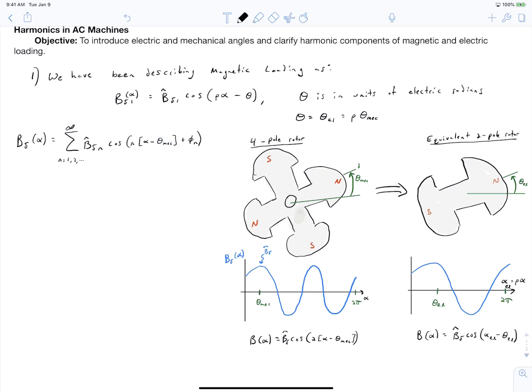And we can zoom in on an individual harmonic until we get this form here. And then we can choose to write our expression specifically for n equals p. That is this case down here, or this case.